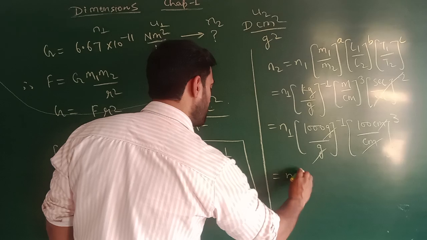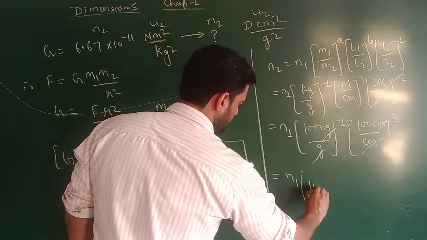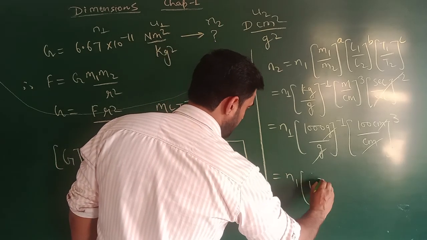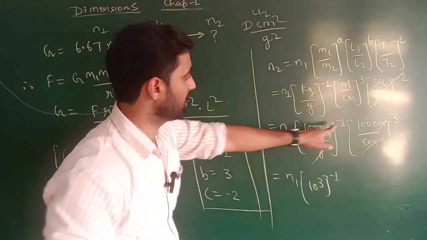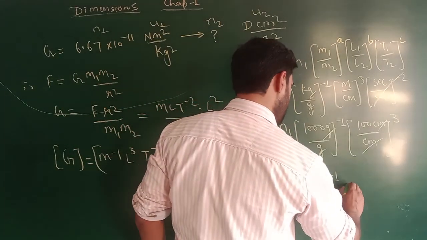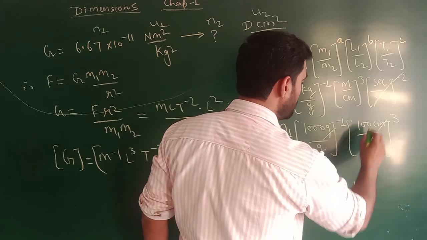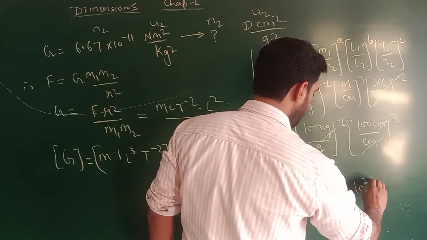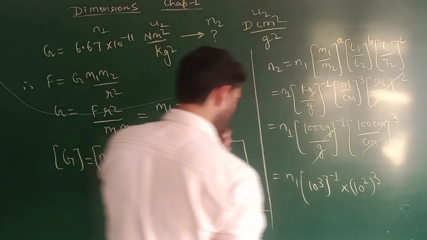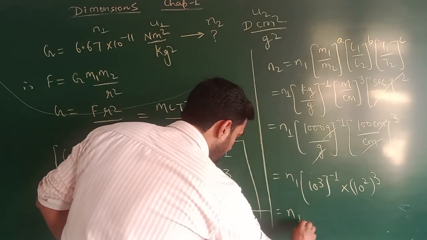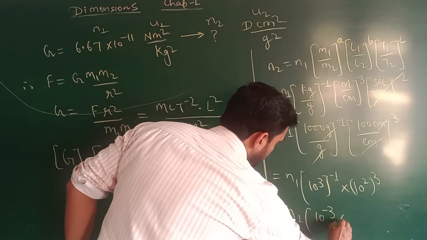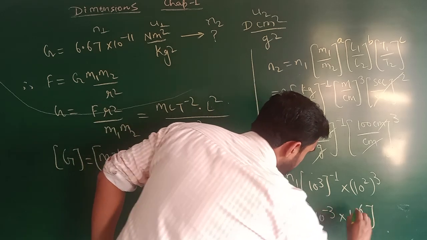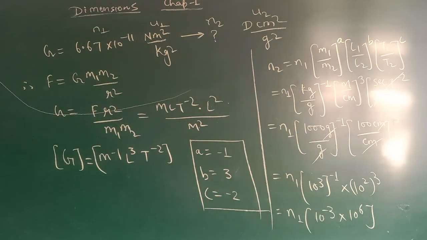So that becomes N1 times 10 power 3 and 10 power minus 1 also, and this one is 10 power 2 and power 3. So this becomes N1 times 10 power minus 3 multiplied by 10 power 6. Is it visible? Okay.